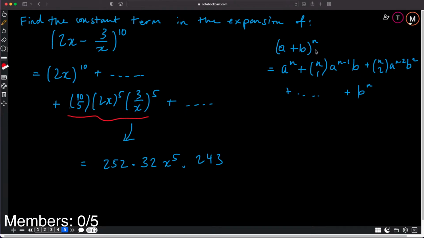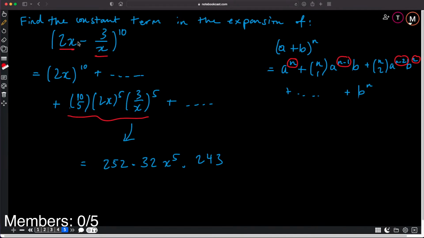if you understand how to do a binomial expansion, we were looking at these exponents, and looking at these terms in this binomial, 2x and 3 on x. The way you're going to get a constant term is if those x's cancel out.